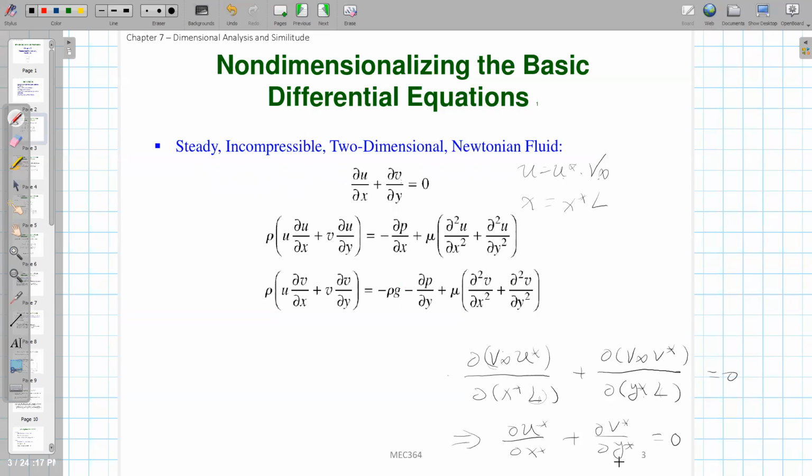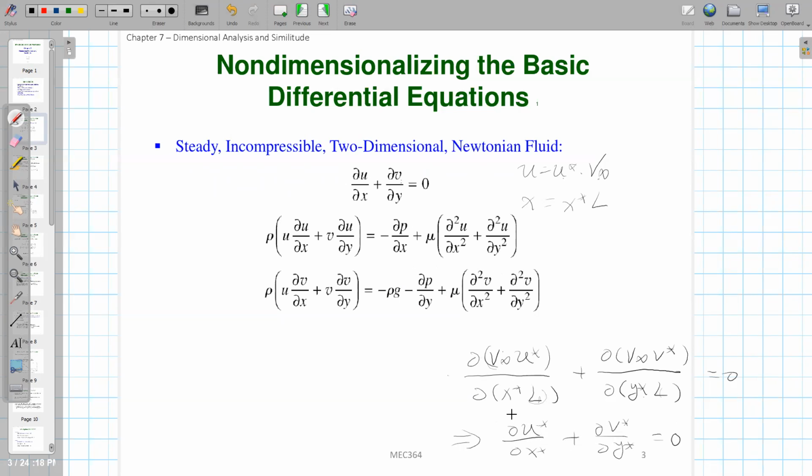This is called the non-dimensional form of the continuity equation, because the parameters u star, v star, x star, y star are all dimensionless. You can see that in these cases, the two equations actually have the same form.